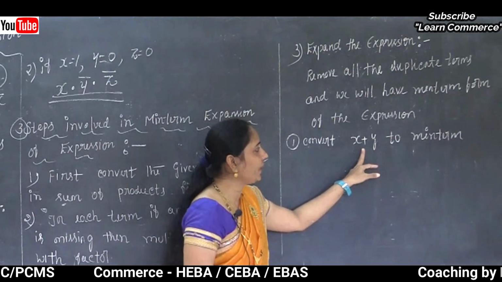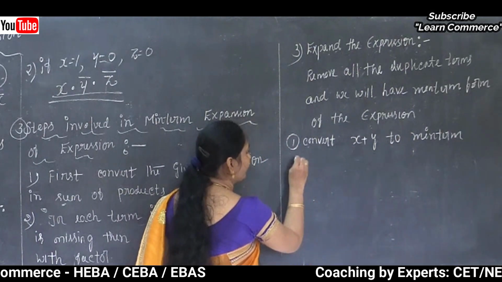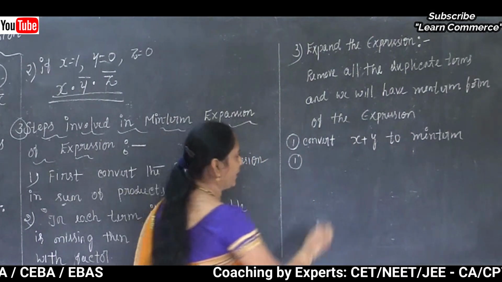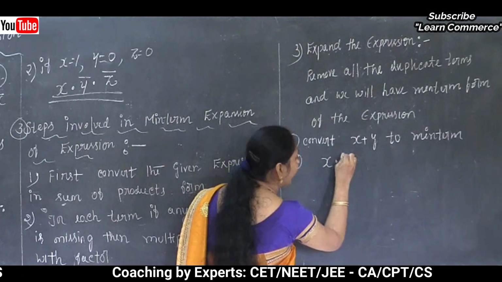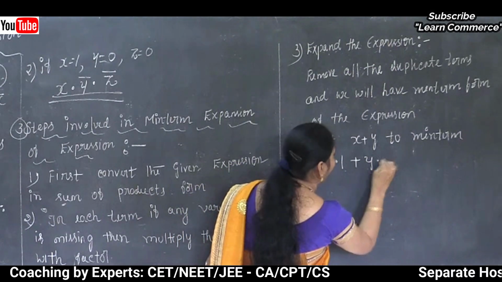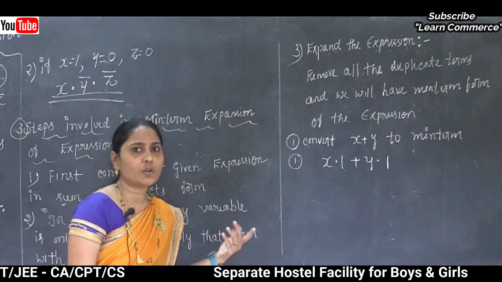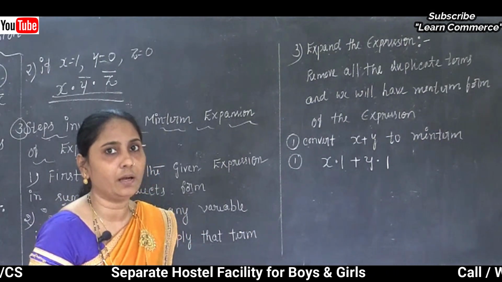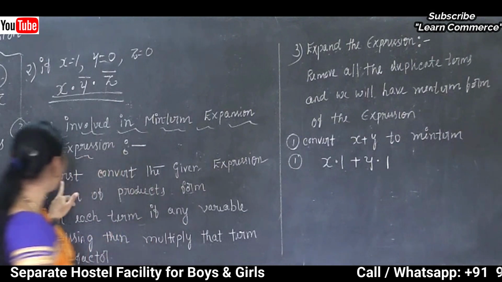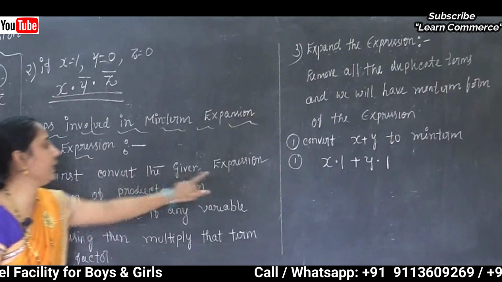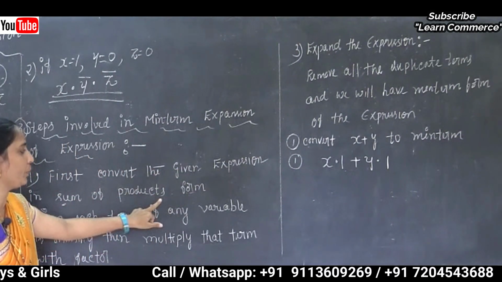Now let's take one question. Convert x plus y to Minterm. First of all I am using step 1. This step 1 gives x and 1 plus y and 1. Just for this I used it, because some variables are missing here. The first step is to convert the given expression into sum of product form.